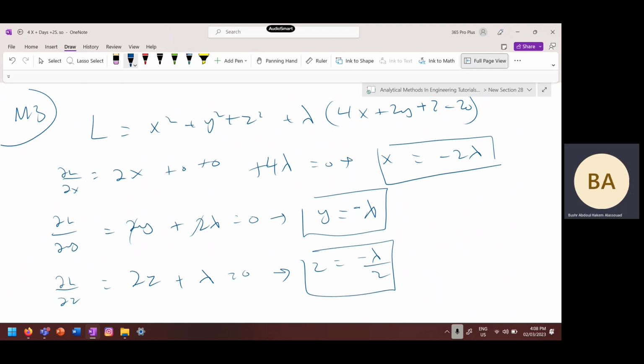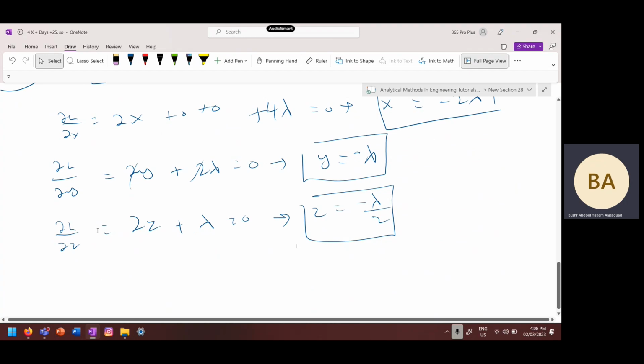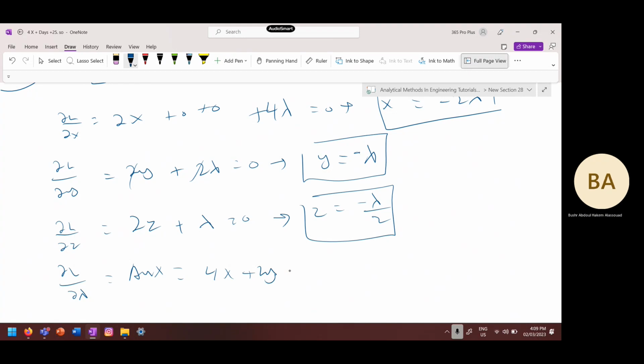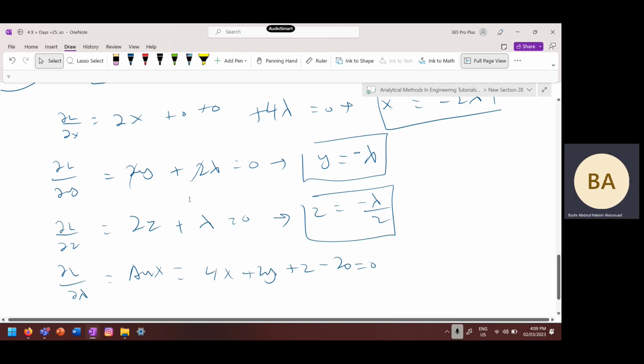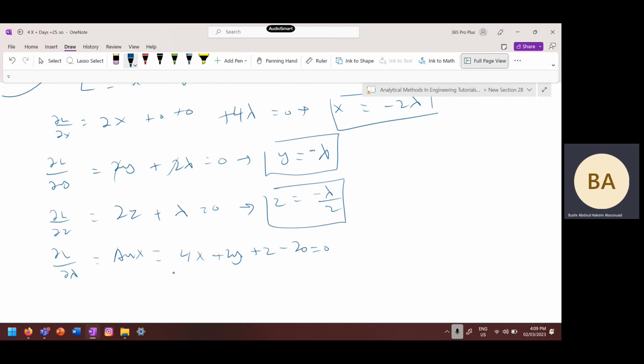Now substitute this in the final partial differentiation, which is partial L over partial lambda, which is our auxiliary. 4x plus 2y plus z minus 20 equals 0. Now use the newly found variables in terms of lambda.